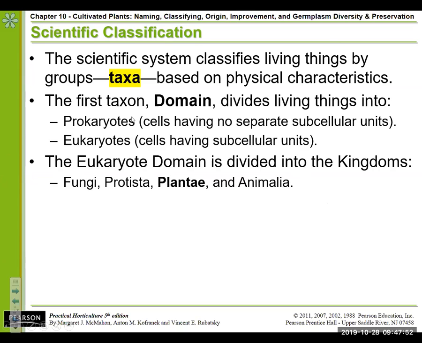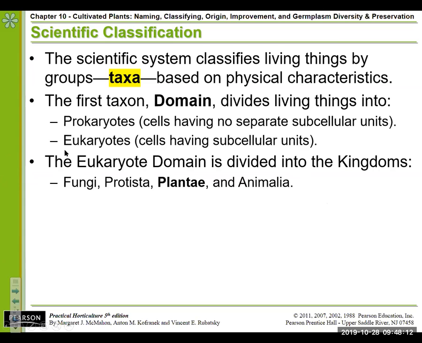So we look at modern day classification as first taxon being domain, which is either prokaryote or eukaryote, whether an organism is single celled or has multiple cells.